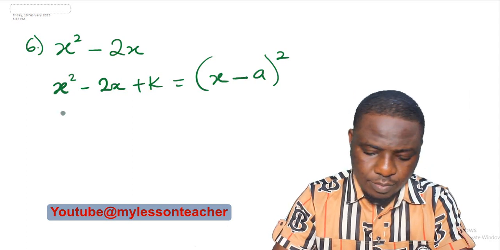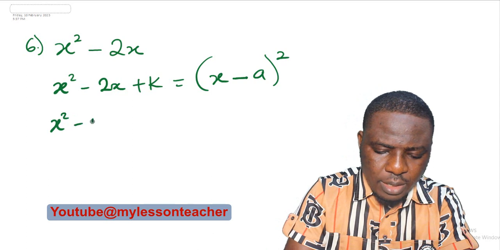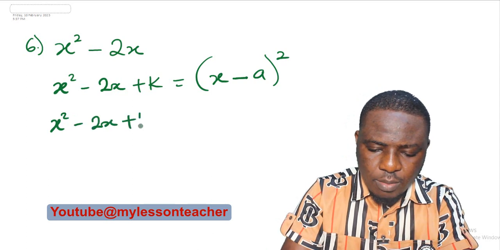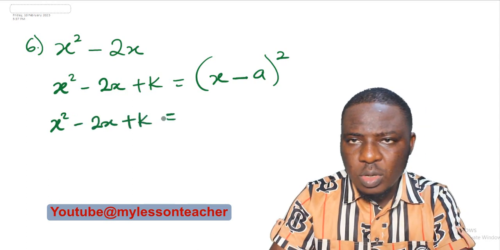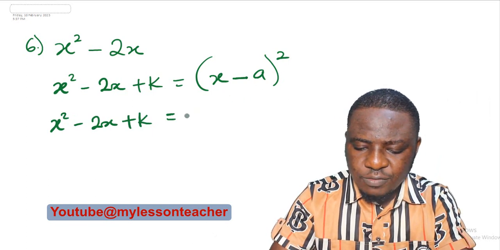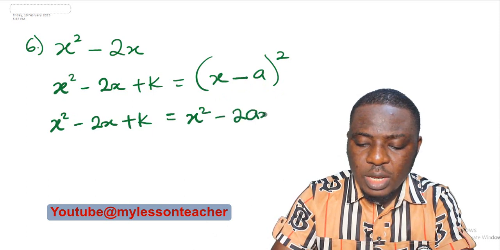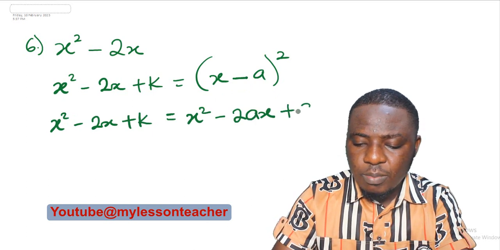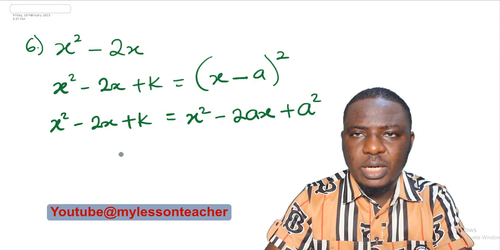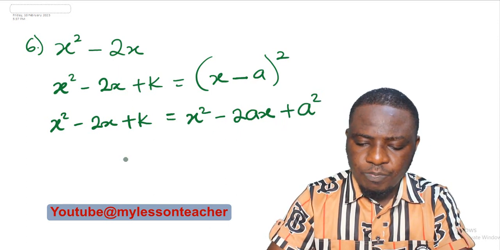So let's simplify. You can do that with me. I'm going to be skipping some steps, but when you simplify, this gives you x squared minus 2ax plus a squared. I hope this does not confuse you.